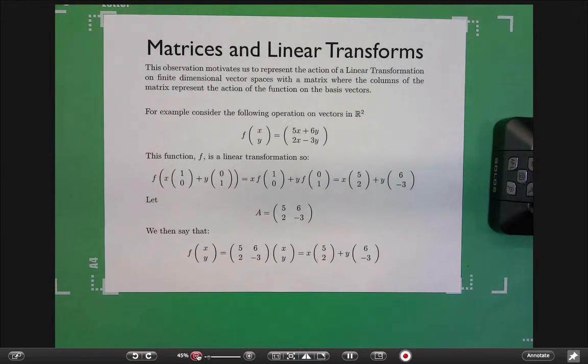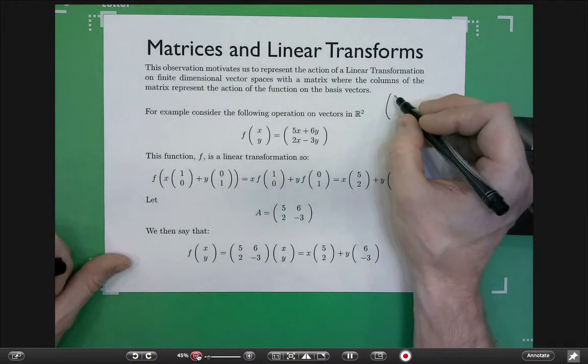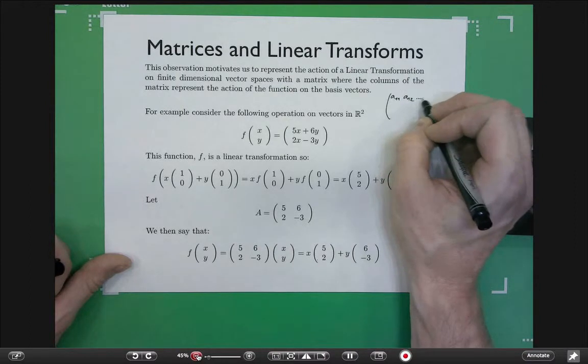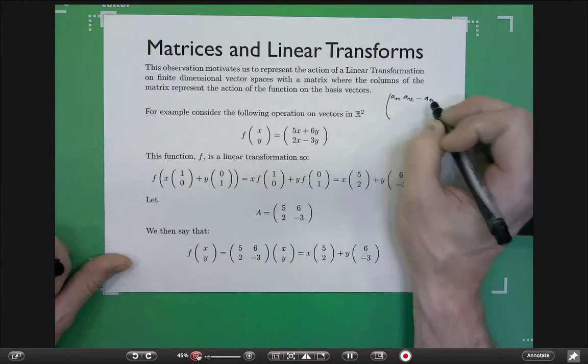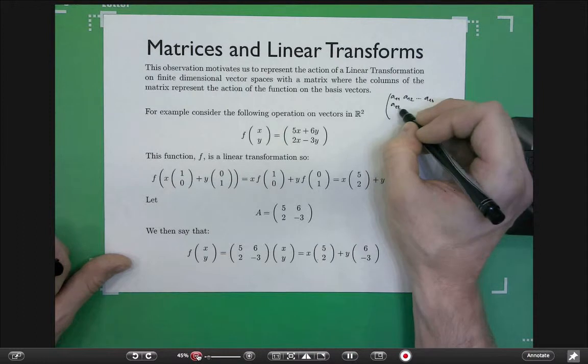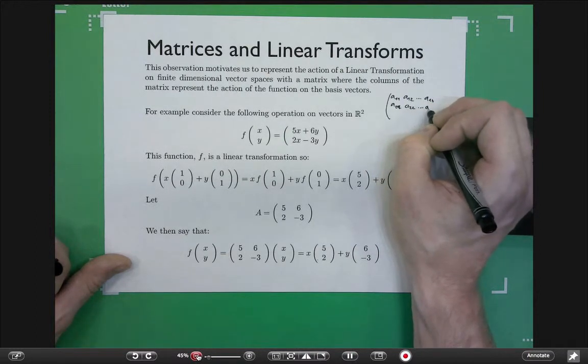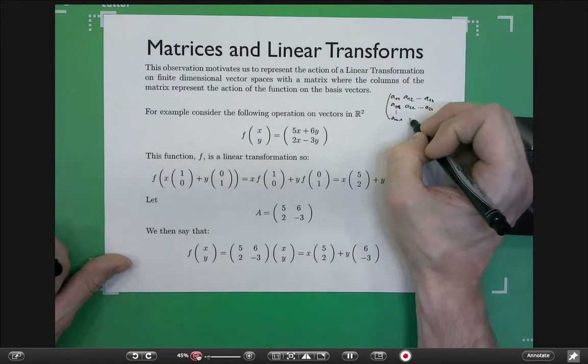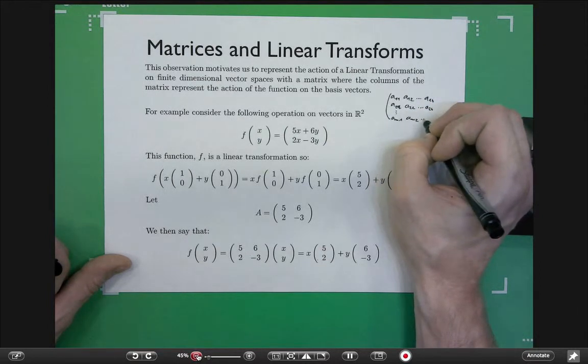And then the matrix can be interpreted. If I have a matrix, that's just some array of numbers, right? A11, A12 to A1n, and here would be A21, A22, A2n, and here would be Am1, Am2 to Amn.